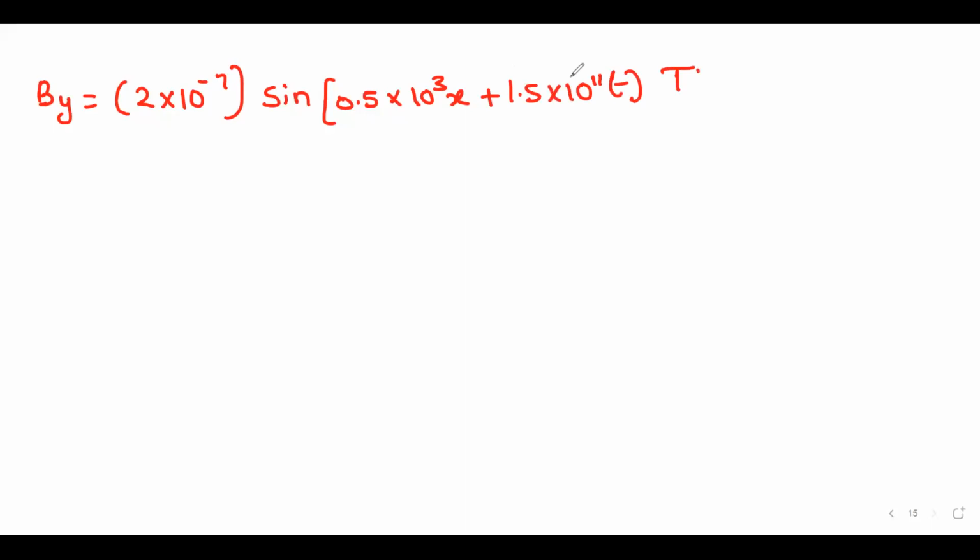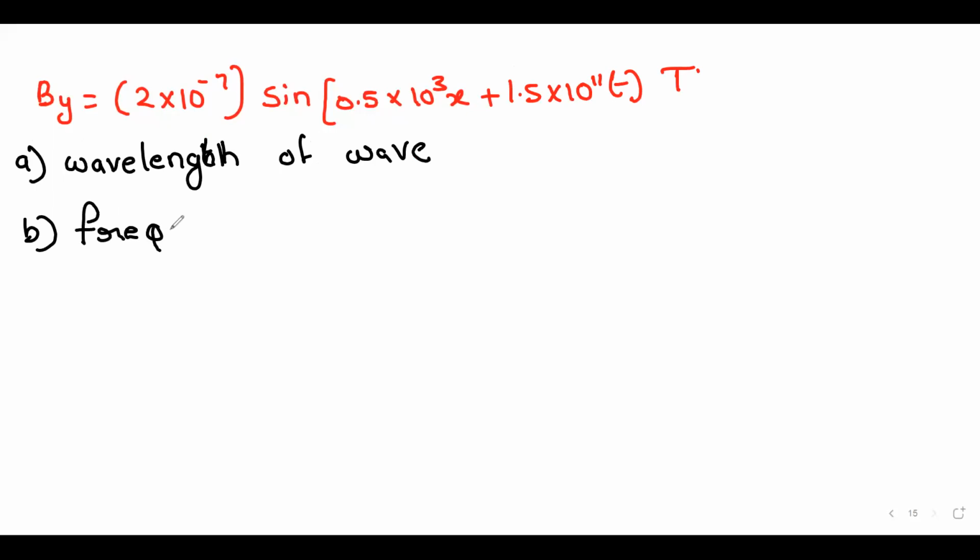Here the first question is: find the wavelength of the wave. Second question is the frequency. Third question is the expression of the electric field. No need to find the expression of it. Yeah, find these two.